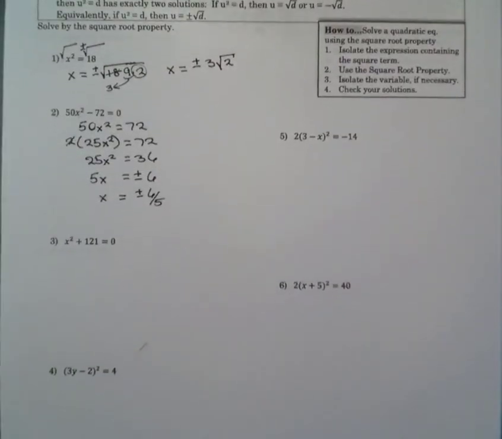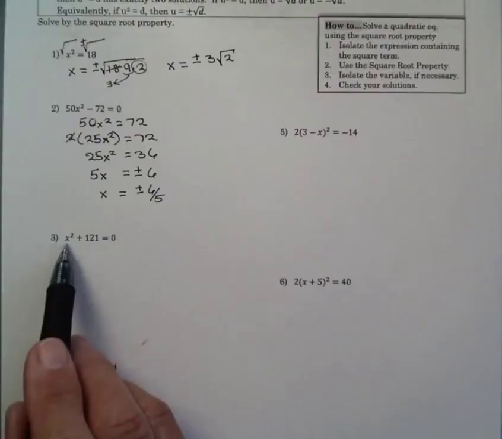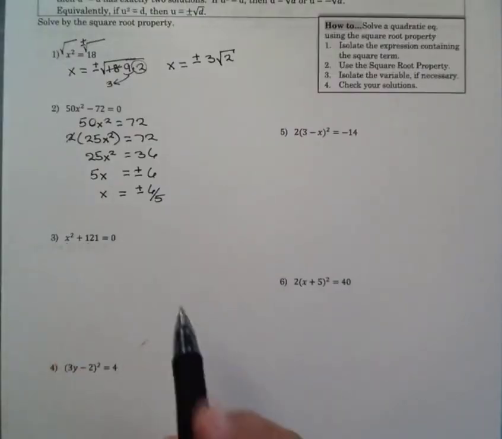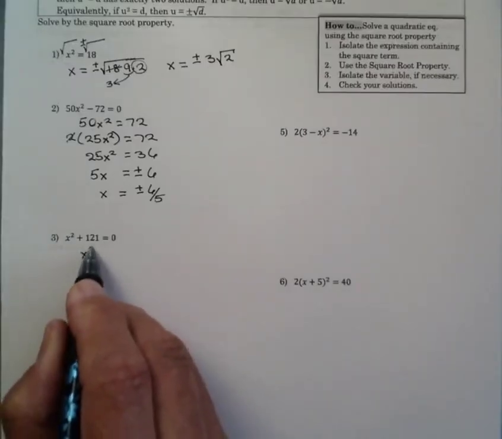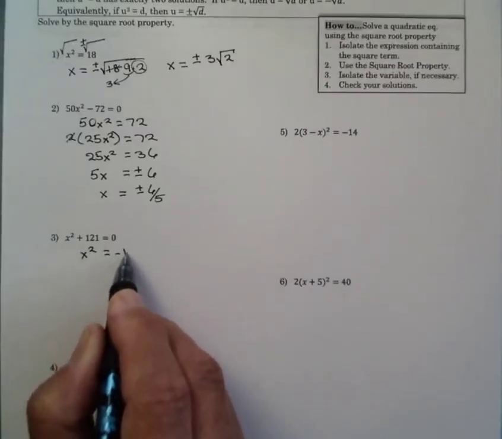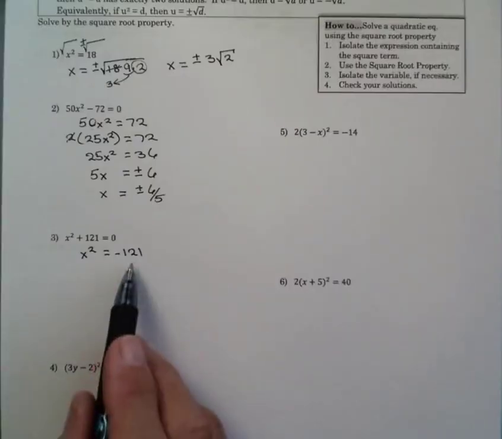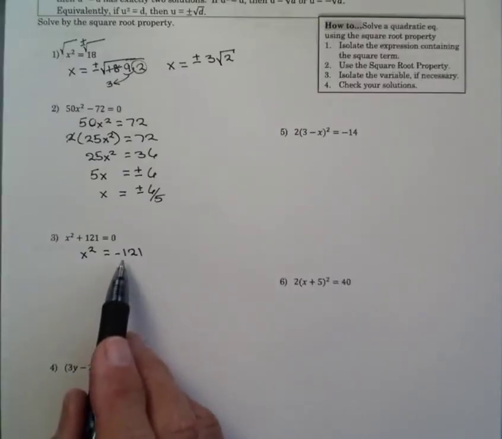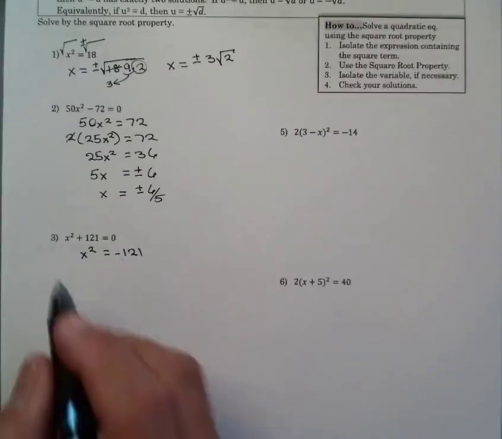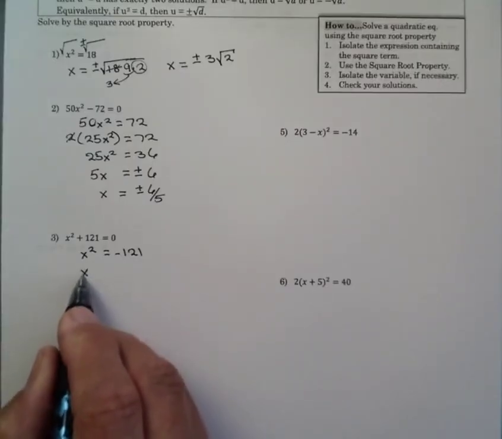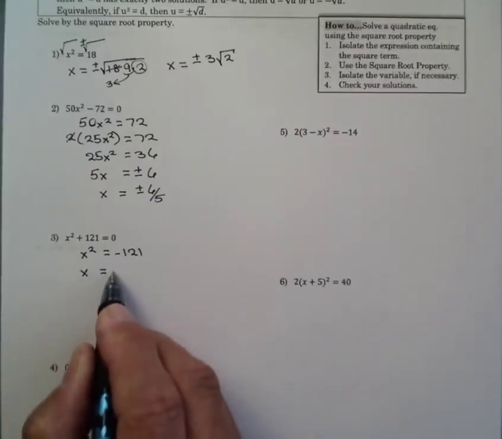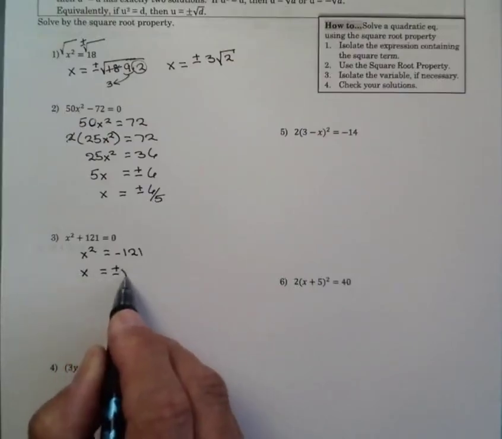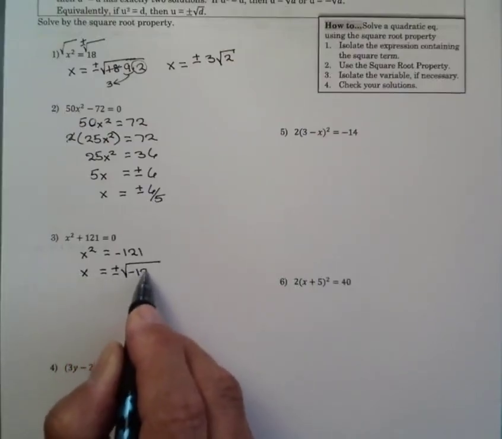Let's look at number 3. The perfect square term that I want to isolate is this x squared. So let's move the 121 to the other side. I'll subtract it from both sides, and I have a negative 121. It also happens to be a perfect square if it weren't for the negative out front of it. But let's see what happens when I take the square root of both sides. I'm going to end up with plus or minus the square root of a negative 121.